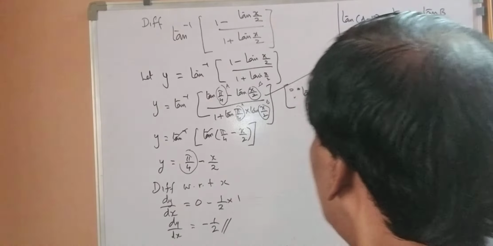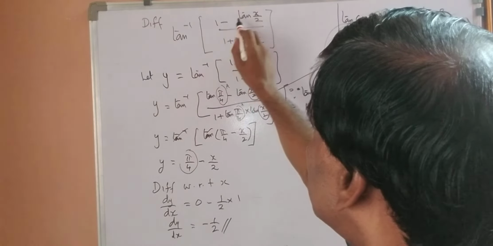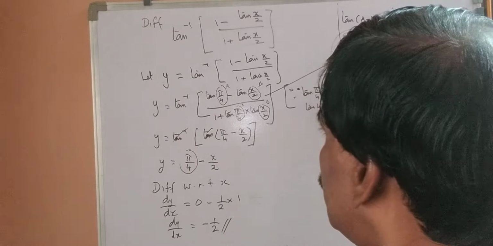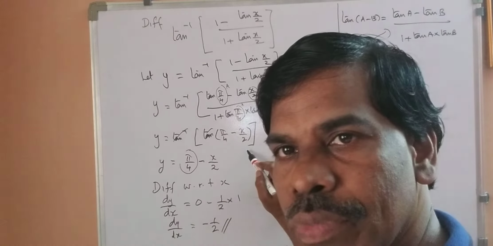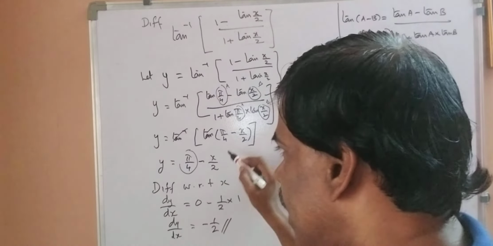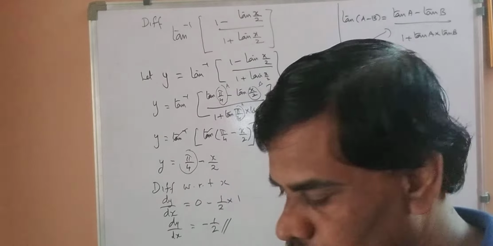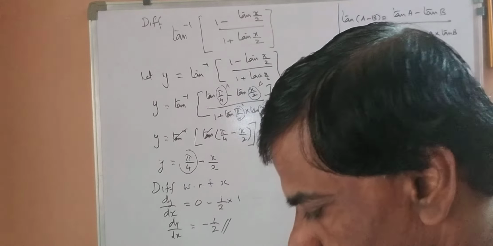The only thing you should use is this: in the tan A minus tan B upon 1 plus tan A tan B form, we have written tan(A minus B). So tan inverse tan gets cancelled, and you get a simple function for differentiation. Now we will do two more sums.